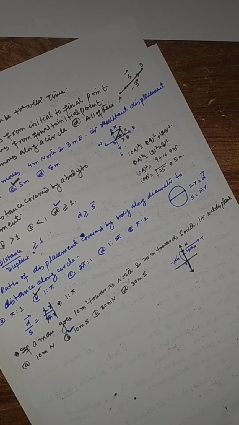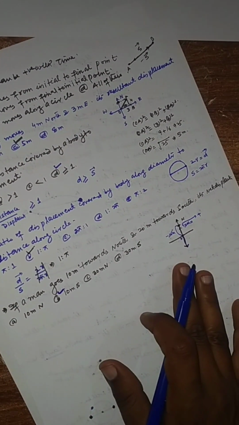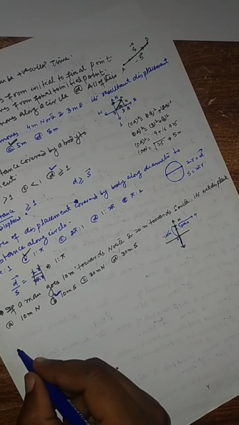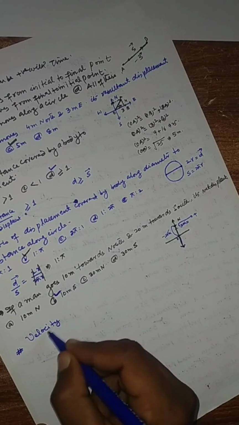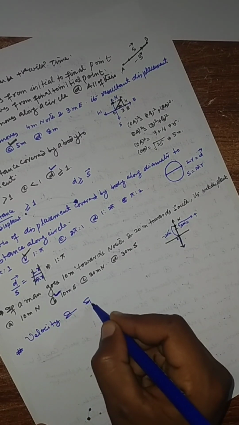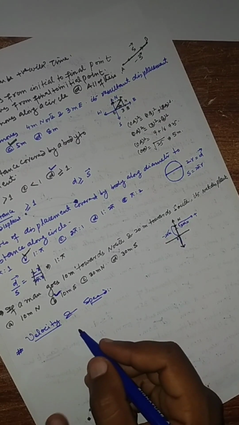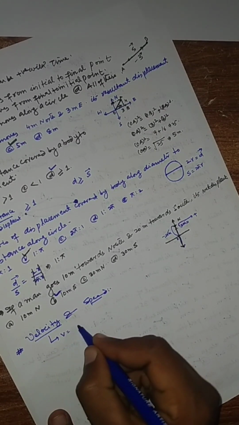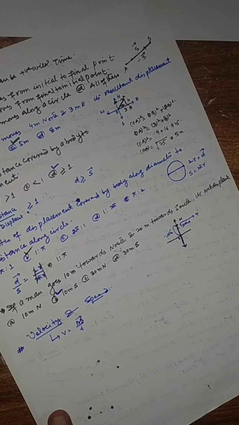Now if we take speed or velocity, okay, we are starting velocity. Velocity and speed, let's say. As we know, the rate of change of displacement is called velocity.